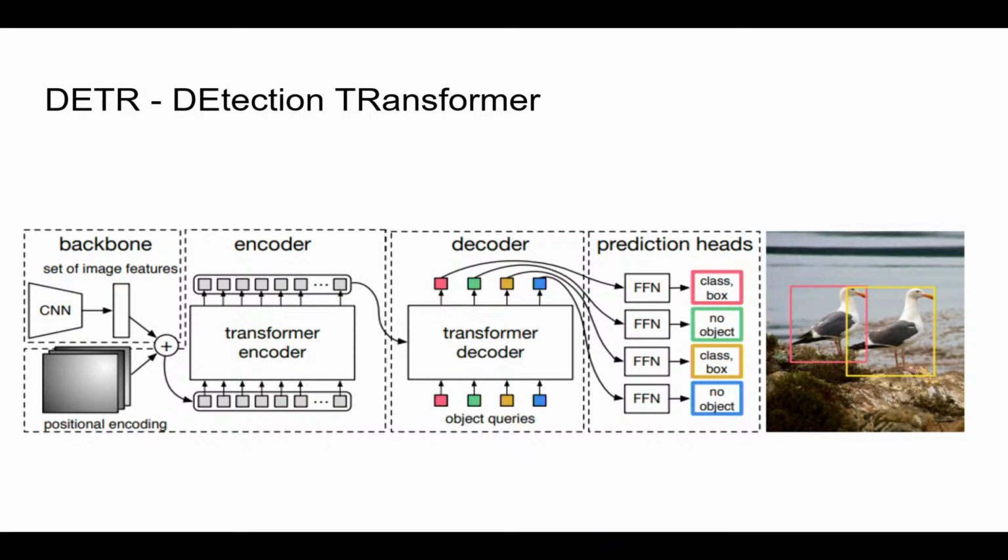And of course, during training, there's no information that this blue or this yellow one should detect this bird. There's no correspondence. That's not in the training data. How these things are trained is, I run the network on some image and get some bounding boxes.